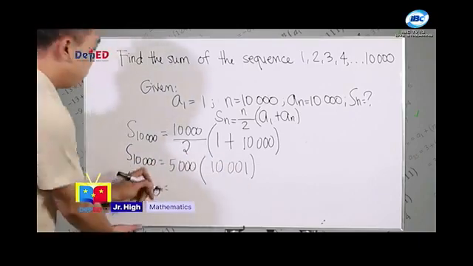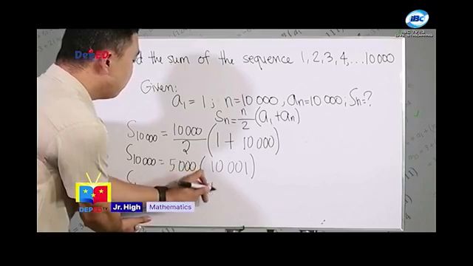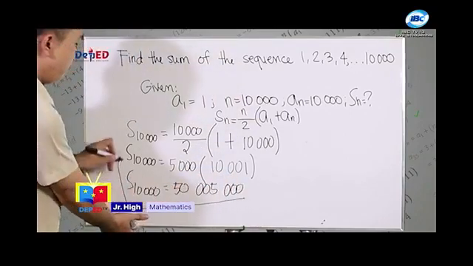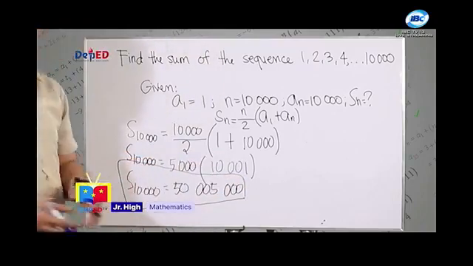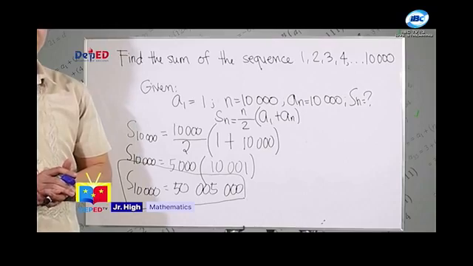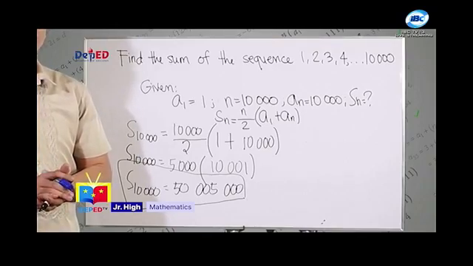It will give us this term. Therefore, the s sub 10,000 of the sequence is 50,005,000.